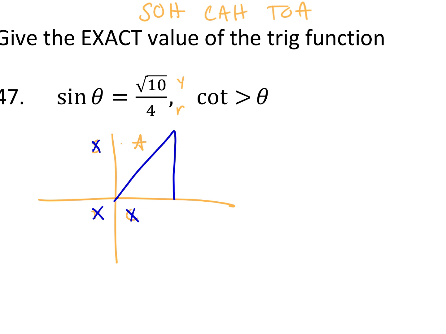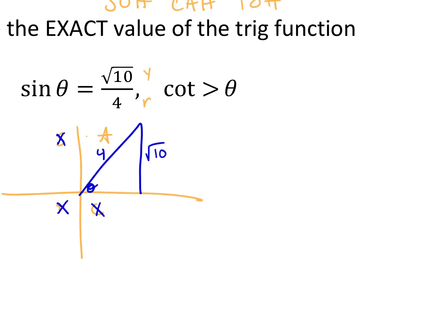Now my radius is 4, and my y is square root 10. So I still have to figure out what my x is, or what my adjacent is. How would I find that? Pythagorean theorem.